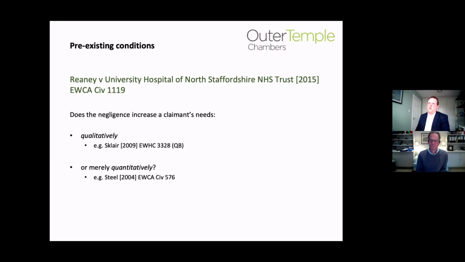The fact that the quality of life of the claimant was markedly worse than it would have been but for the negligence says nothing about whether the care she needs now is qualitatively or quantitatively different. In this case, there was no finding by the first instance judge that the carers required post-negligence required special skills not required by those who satisfied her pre-existing needs.